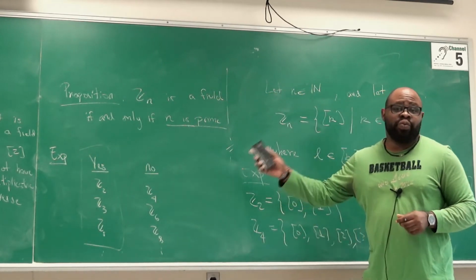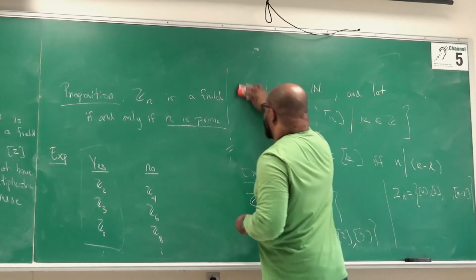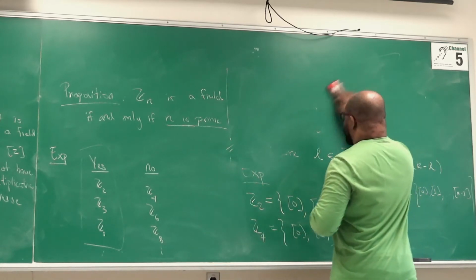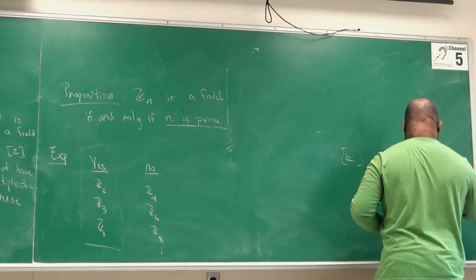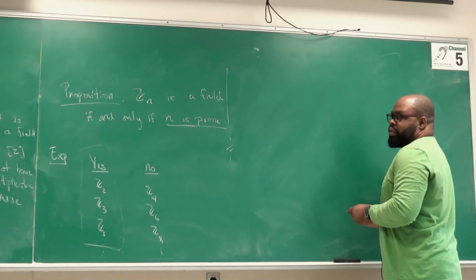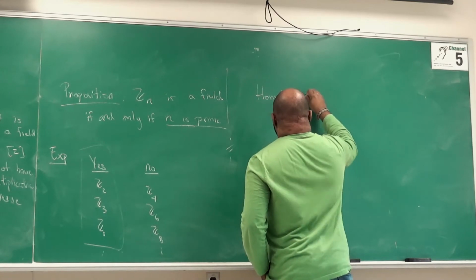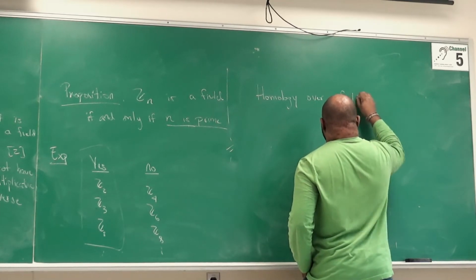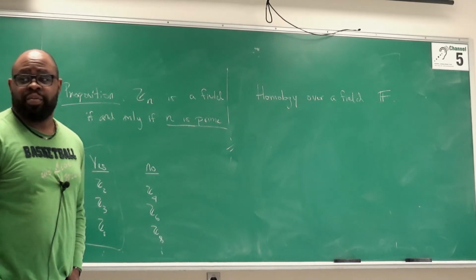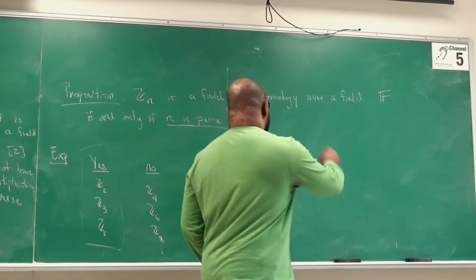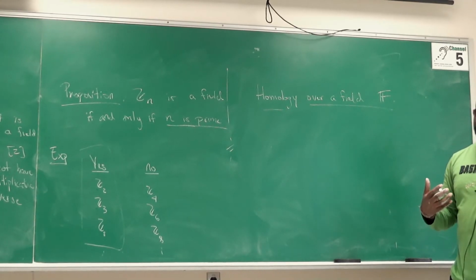Great. So now that we know what a field is, we can go back to homology. So homology over a field F. And again, F can be the rationals, the reals, the complex, or one of these Z mod P's that are so useful. So what do we do? We do exactly the same thing we did before, right?